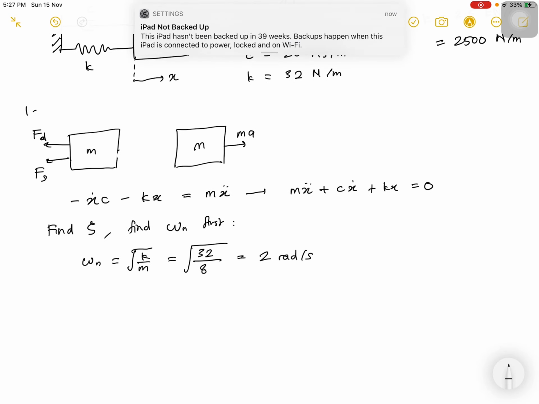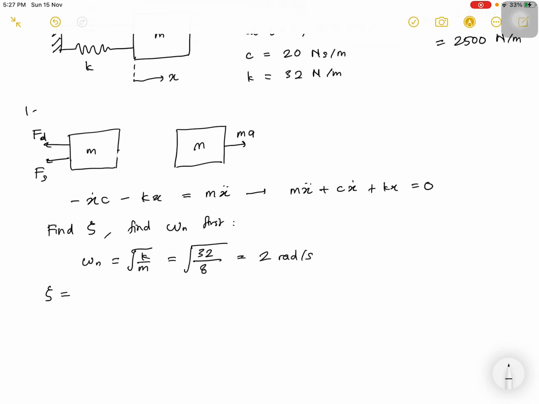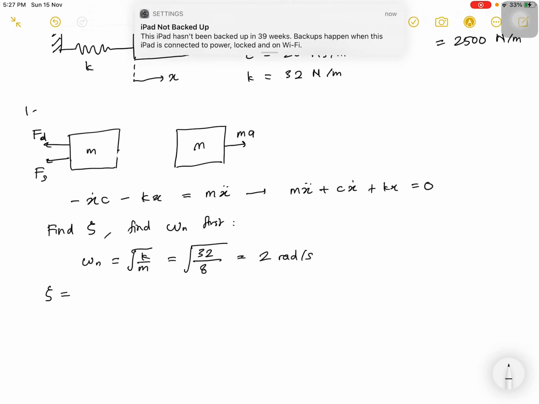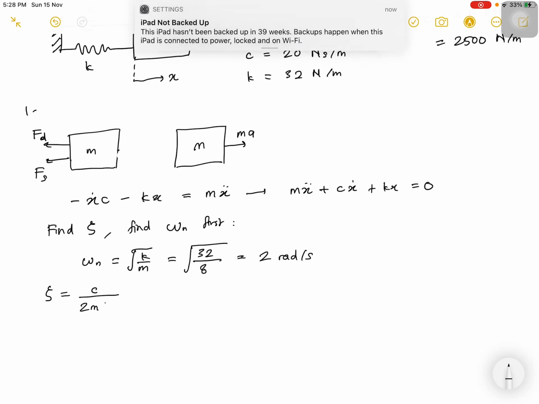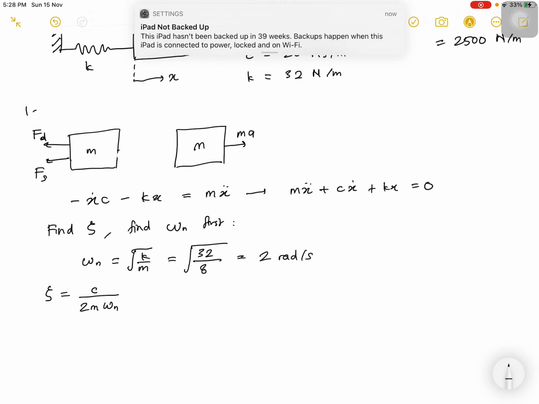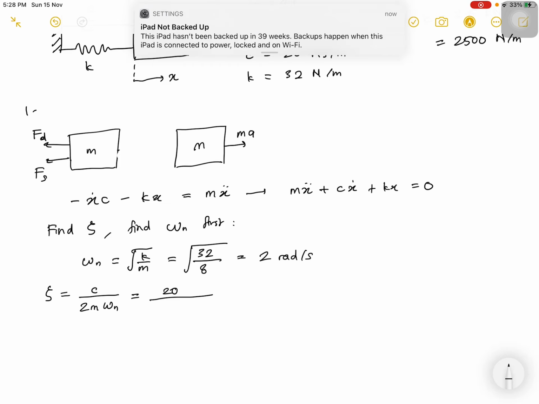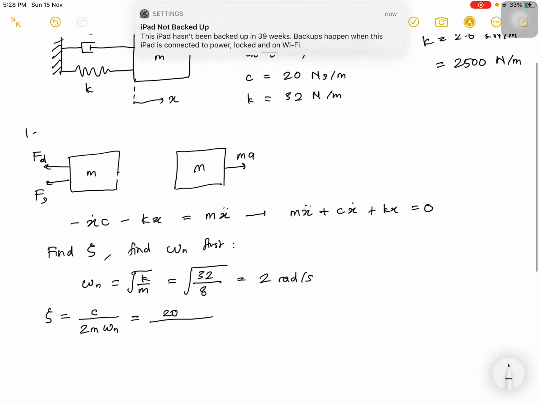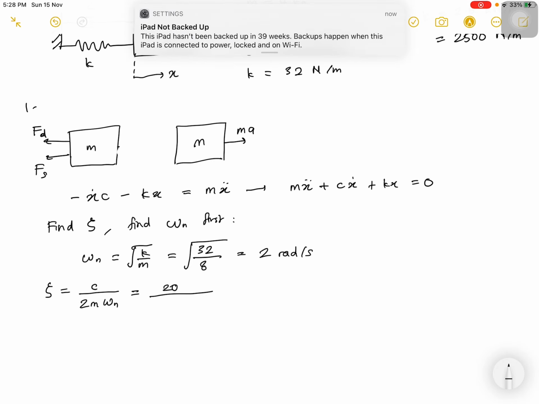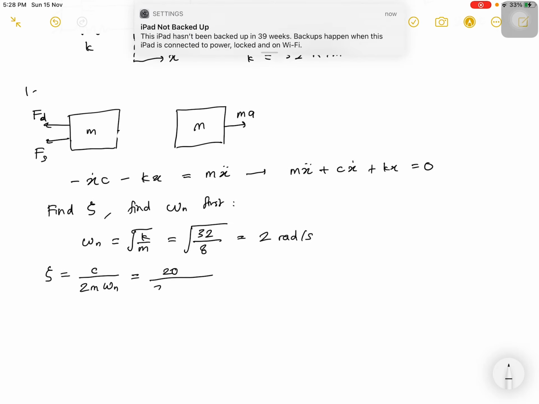Now from here, we can calculate the zeta, the damping ratio. So we just use the formula given previously. You just put in the values. c is equal to 20. You don't have to put the unit again, to simplify it.